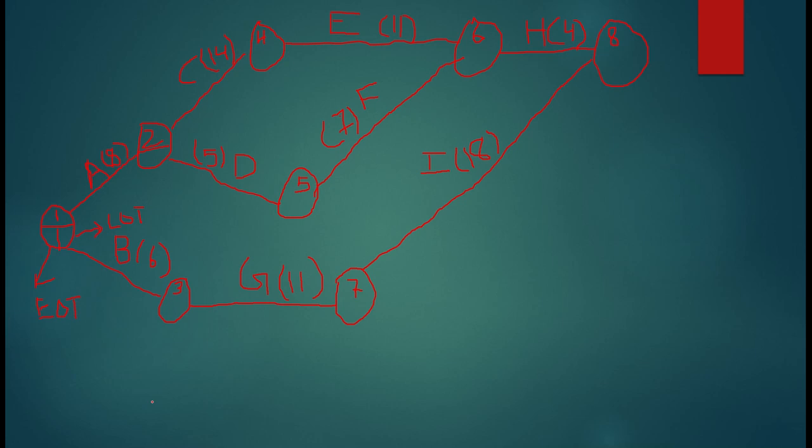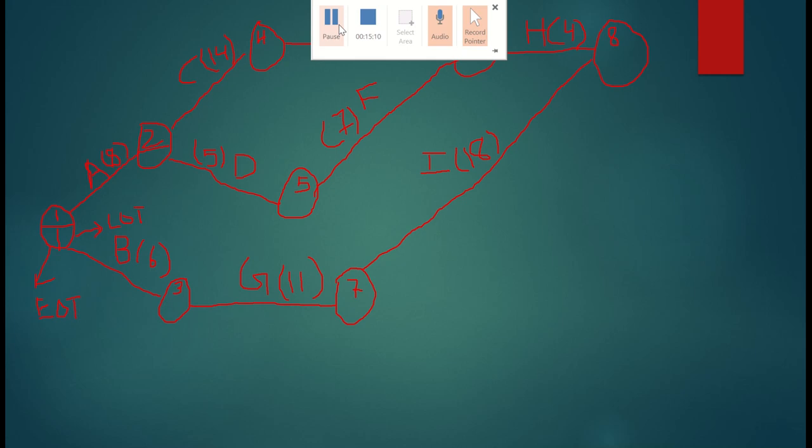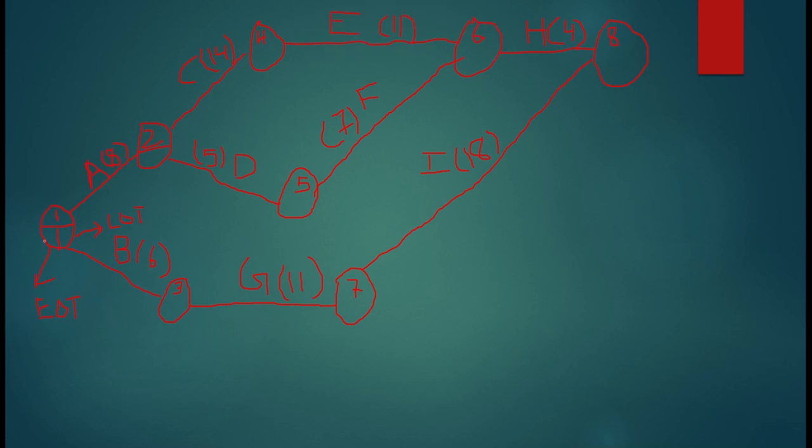And latest occurring time is, if there is a minor or major delay, how much delay is allowed. So the first event always starts with 0, at 0 time.